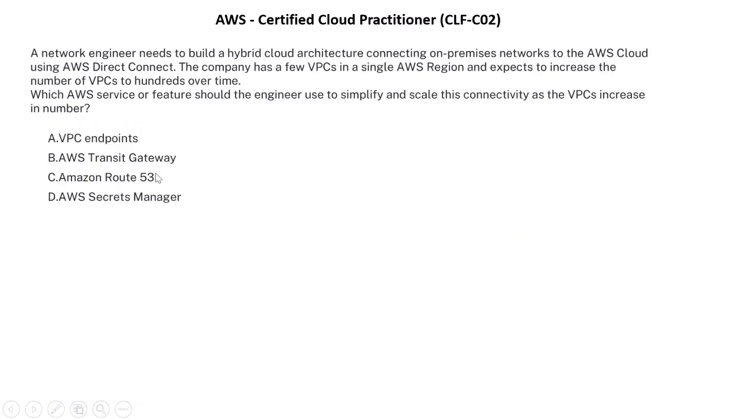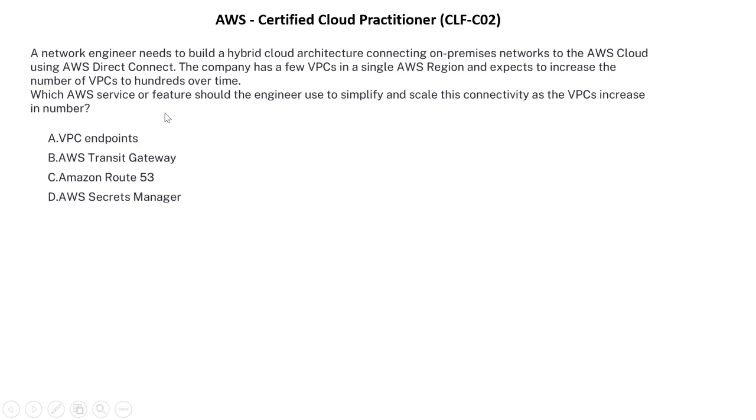Next one. A network engineer needs to build a hybrid cloud architecture connecting on-premises networks to the AWS cloud using AWS Direct Connect. The company has a few VPCs in a single AWS region and expects to increase the number of VPCs to hundreds over time.